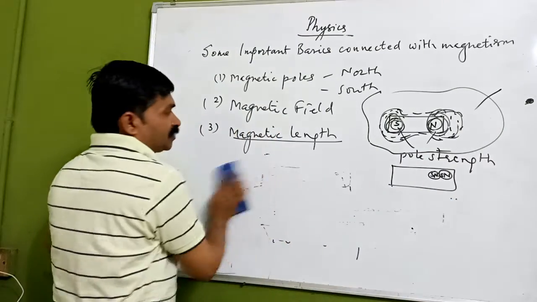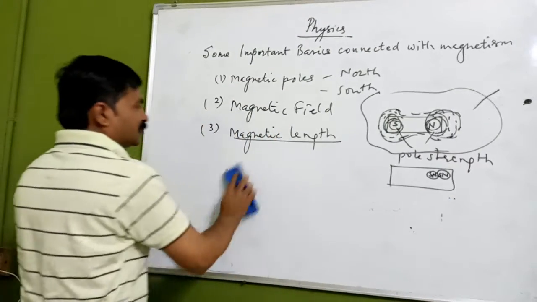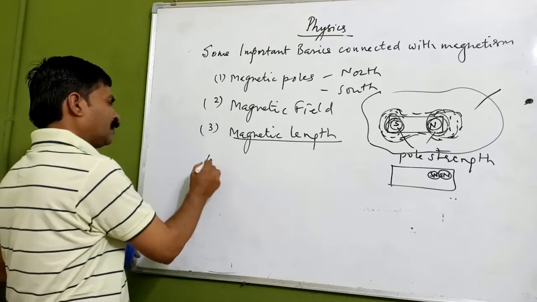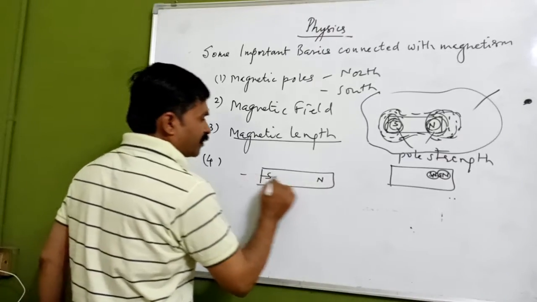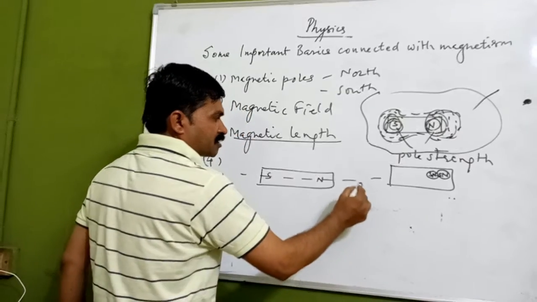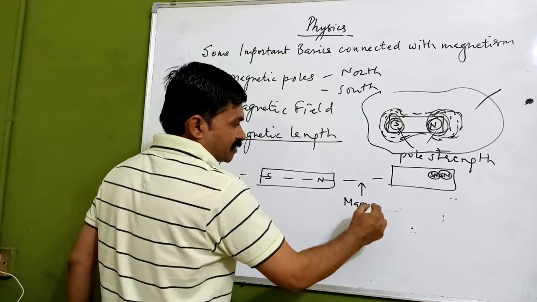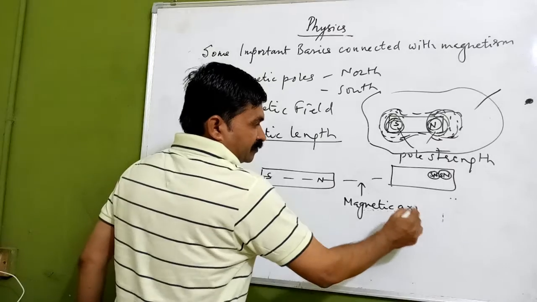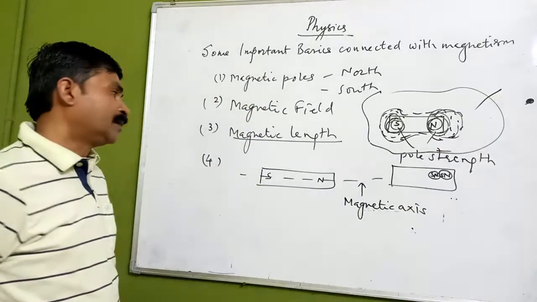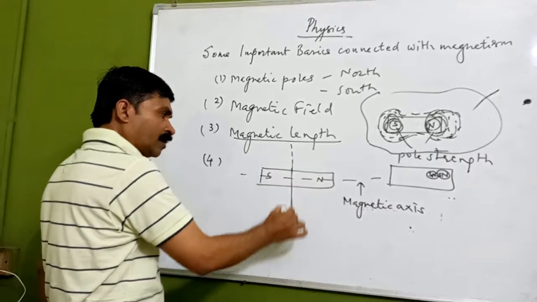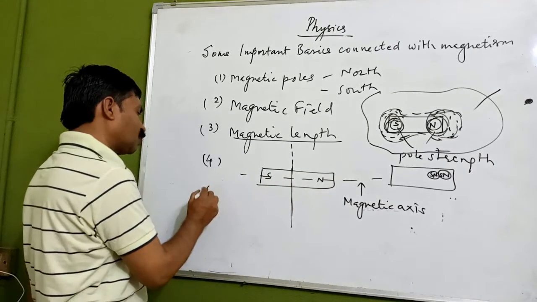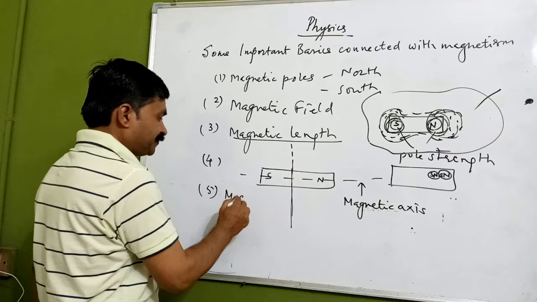Now the next one, that is the fourth. If we talk about this north and south, if we move in this direction, this is the magnetic axis. And if we talk perpendicular to the magnetic axis, that is known as the magnetic equator.